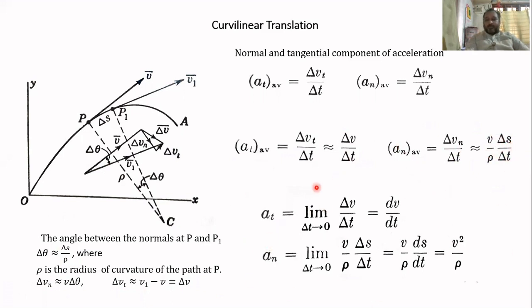So the instantaneous acceleration components are: At is equal to the limit of delta V by delta t as delta t tends to 0, which is equal to dV by dt, and the normal component is the limit as delta t tends to 0 of V by rho into delta S by delta t, which is equal to V by rho into ds by dt, and ds by dt is the velocity V. So An is equal to V square by rho.